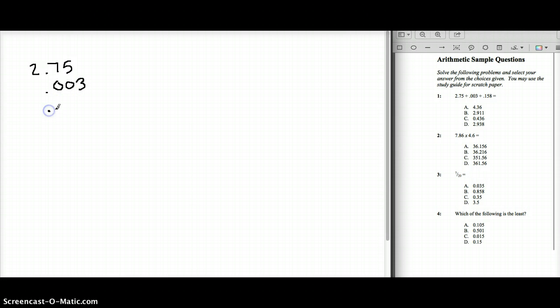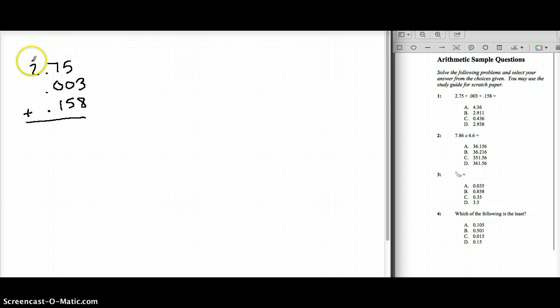And then we can also add the third decimal, 0.158. As long as we keep these decimals aligned in the right place, everything is in the right position, so we can easily add these all together.